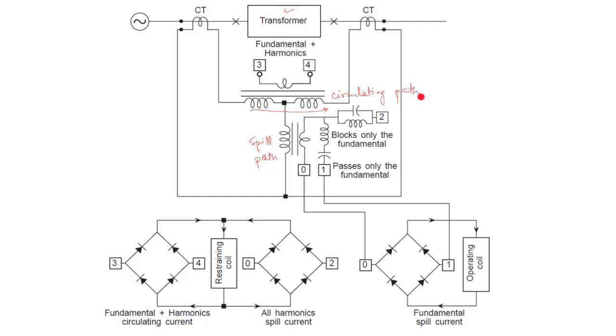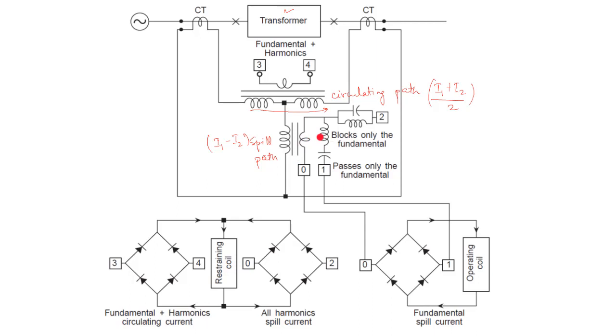In the spill path the current is I1 minus I2, and in the circulating path the current is (I1 plus I2) by 2. Now we can do some arrangement here.